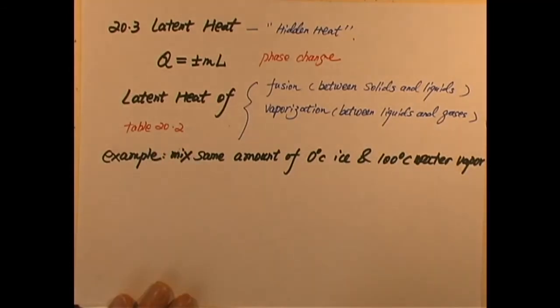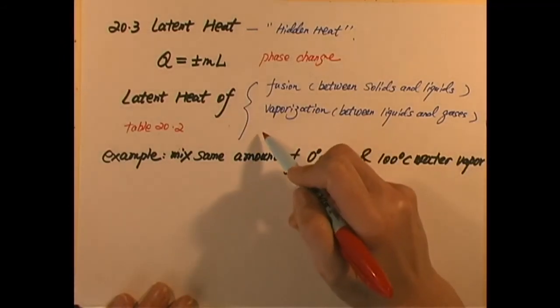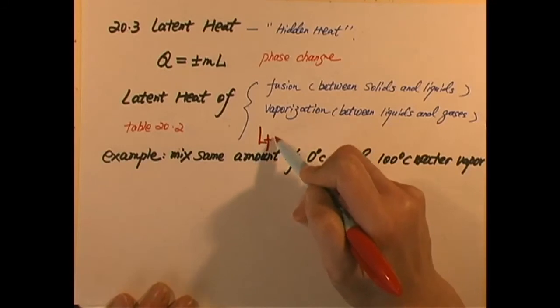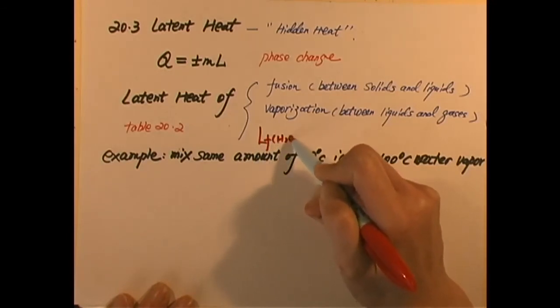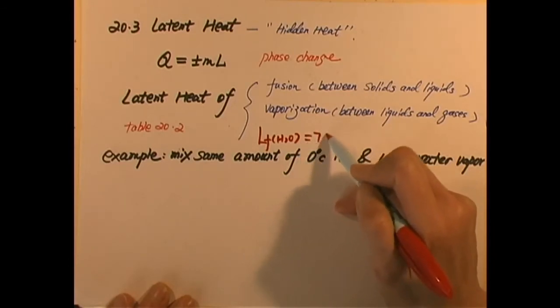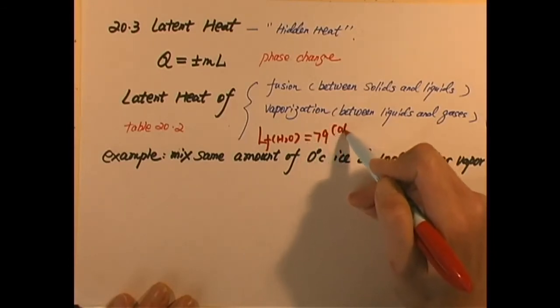Table 20.2 of your textbook gives us the values of latent heat of fusion and vaporization. The very useful one, L, means latent heat. Latent heat of fusion for H2O, for example, fusion means ice melts, is 79 calories per gram.